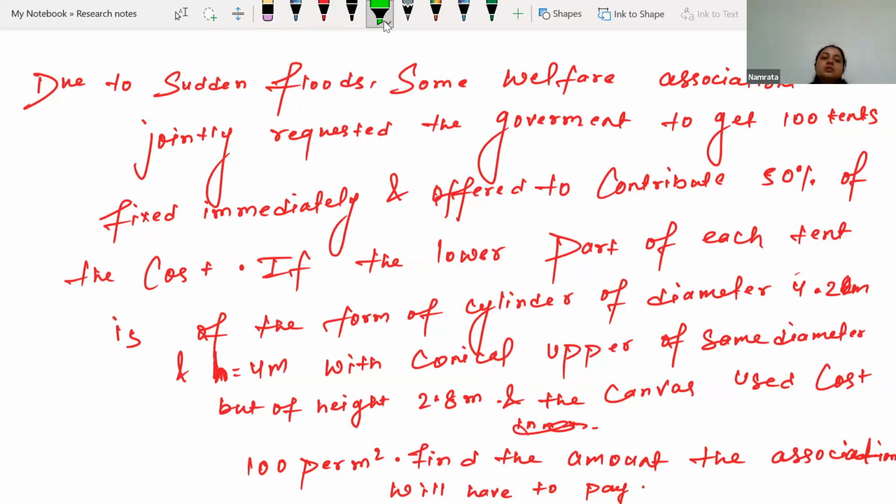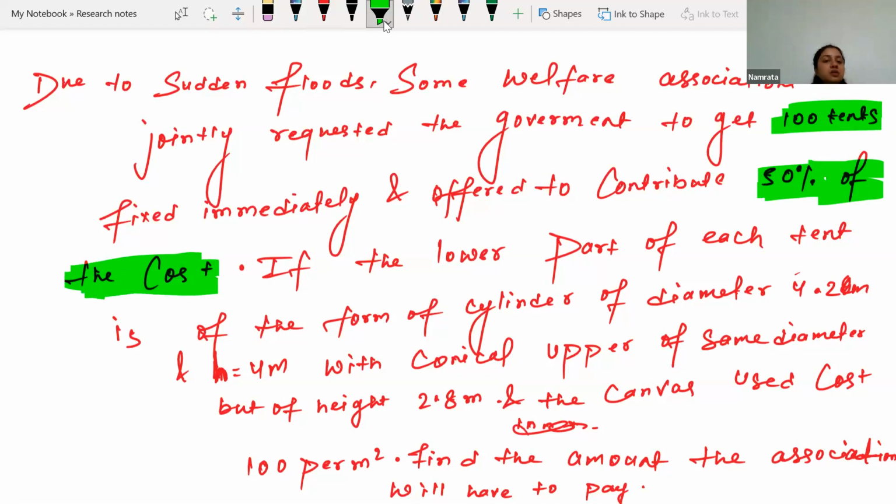Okay, so due to sudden flood, some welfare association jointly requested the government to get 100 tents fixed immediately and offer to contribute 50% of the cost. Okay, 50% of the total cost will be contributed.